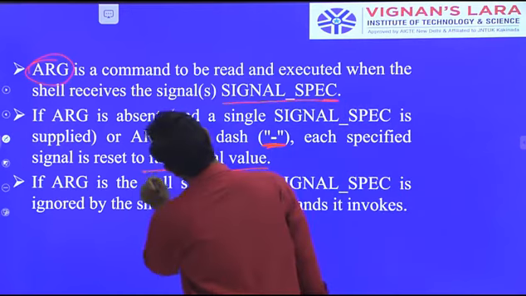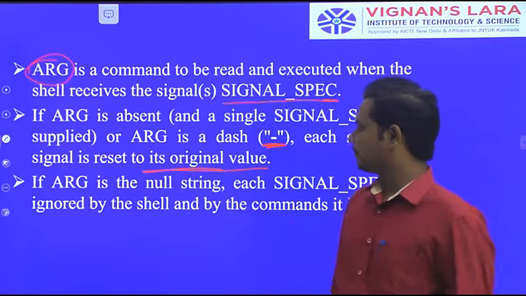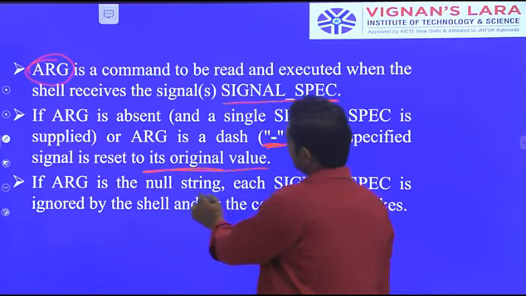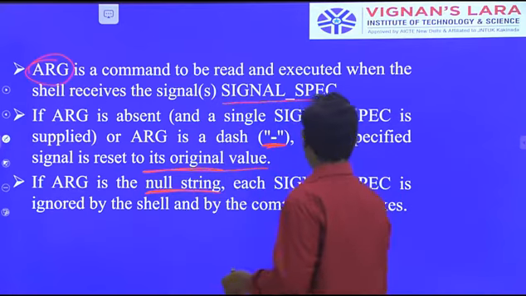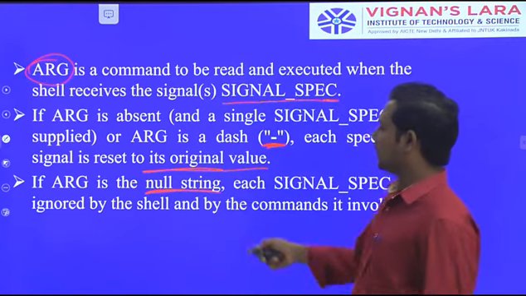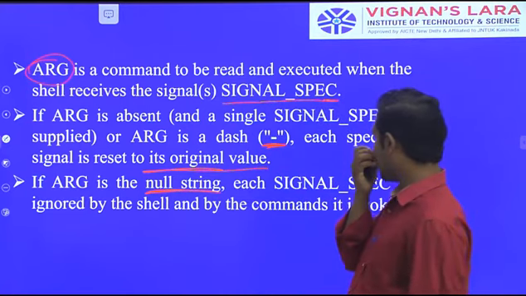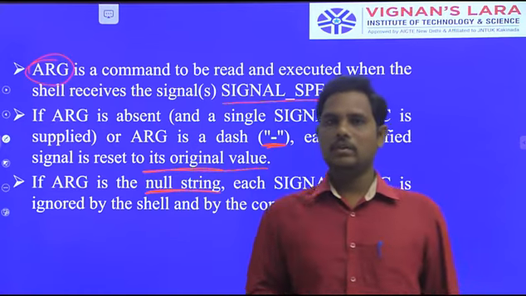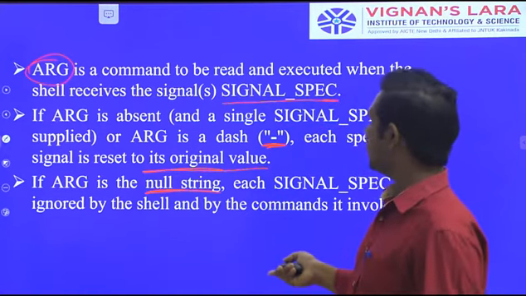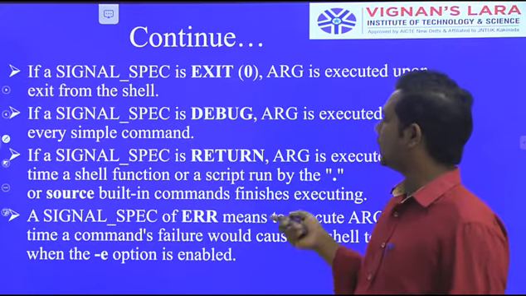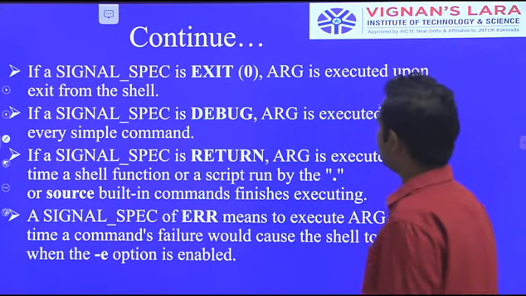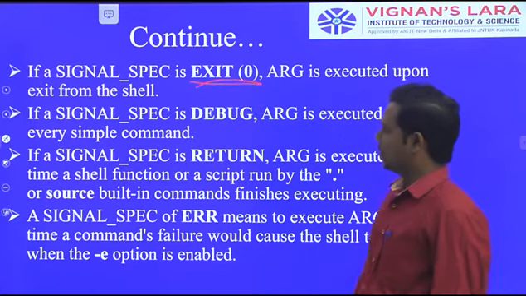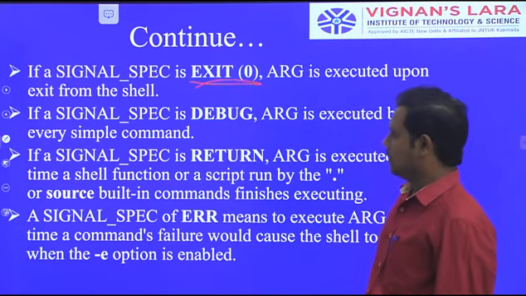If arg is a null string, meaning empty, each specified signal is ignored by the shell and by the commands it invokes. If a signal specifies EXIT, or 0, arg is executed upon exit from the shell.